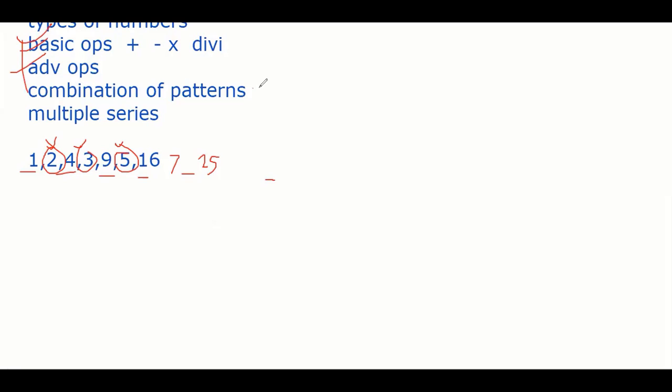If it doesn't work, then we'll try the others. It can be either the combination of patterns or combination of series. So again I repeat, most of the series will be solved when you take a difference of the terms. Except the prime number series, other series can be solved very easily when you take the difference of the terms.